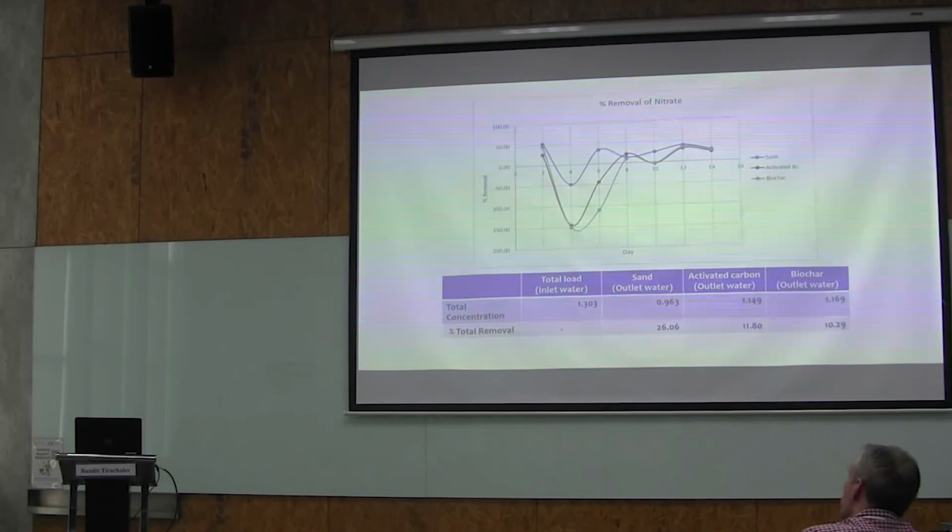But this study used coconut shell biochar, while the previous study used mango. The trend is similar, but the values are different.